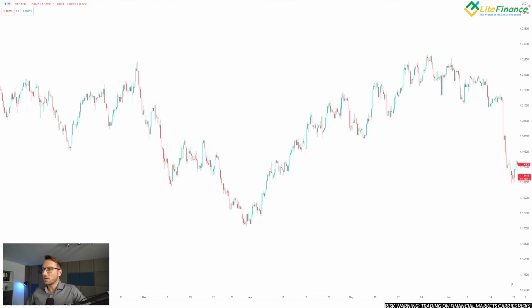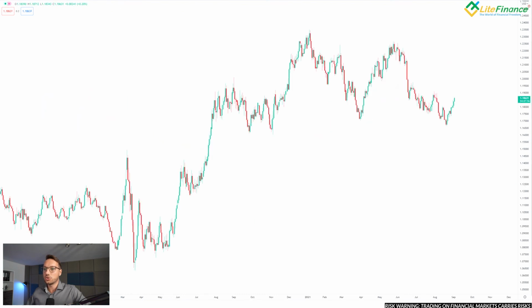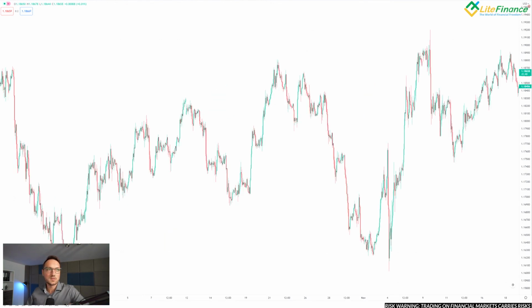And now there will be an example of why you shouldn't look for continuation patterns on higher time frames. So basically that's the example. This is a 1 hour time frame.